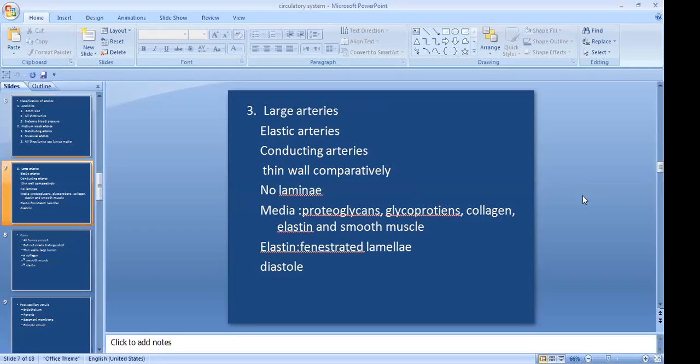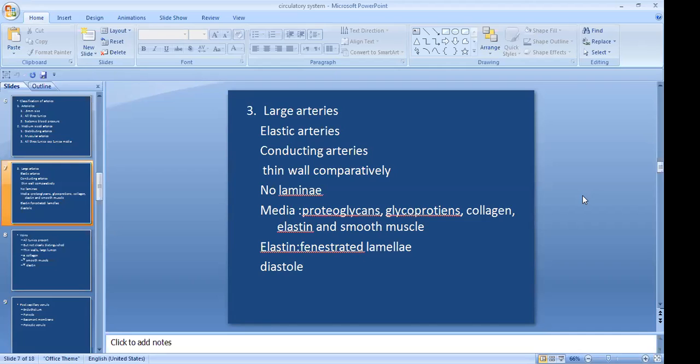Now the large arteries. The other names of large arteries are elastic arteries and conducting arteries. They are called elastic arteries because elastin is present in high quantities in the large arteries.